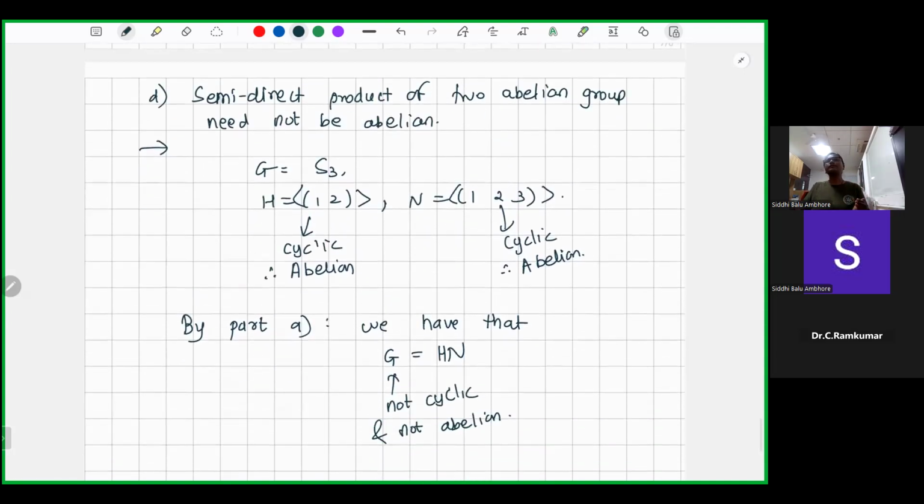So we just have this example that the semi-direct product of two abelian groups need not be abelian. Need not means if we have one example, the statement is okay to go.